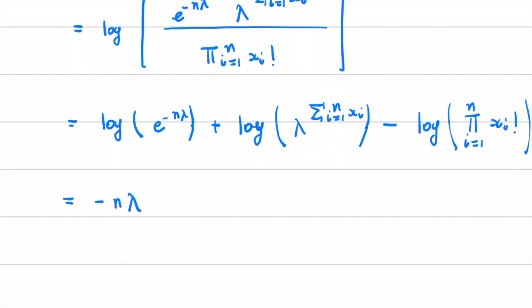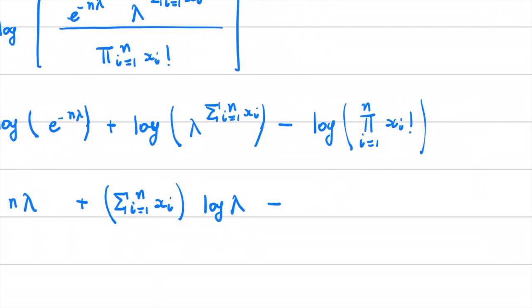The power comes down the front of the expression, so that becomes plus the sum from i equals 1 to n of xi, and then we've still got log lambda, so we can think of that kind of in brackets. And then this expression here is not going to change much, although we could do some simplification here. I'm not going to.